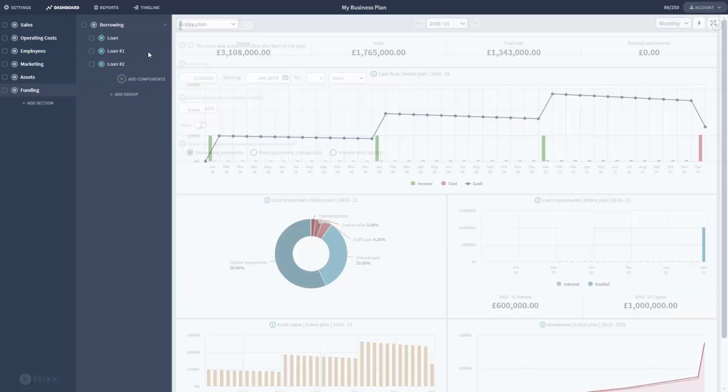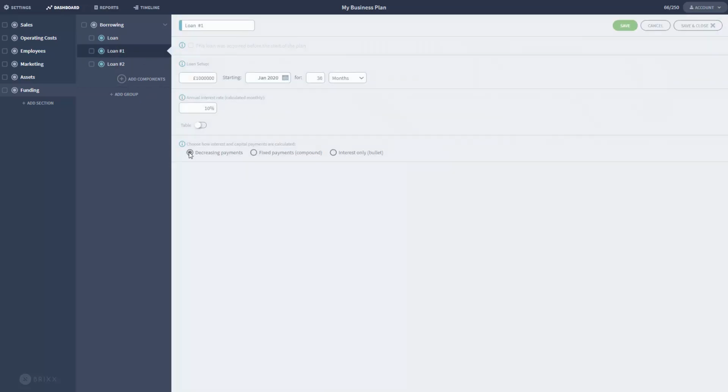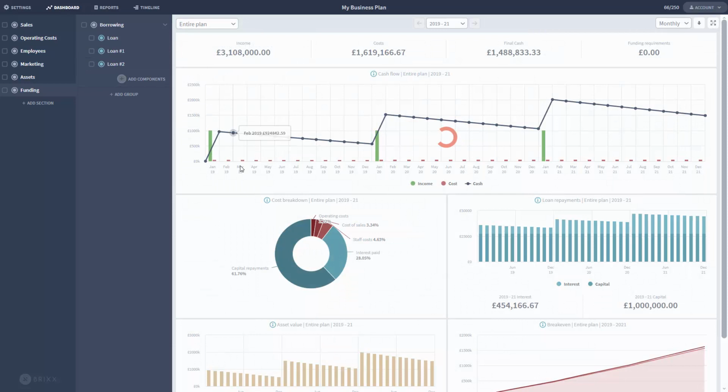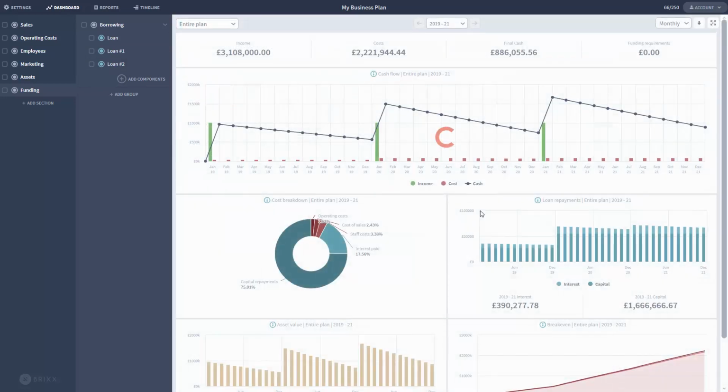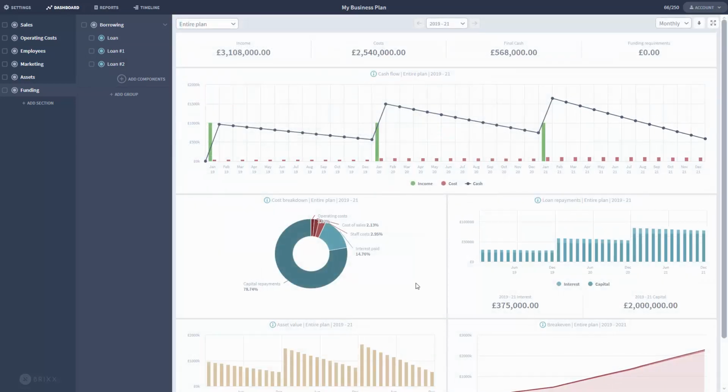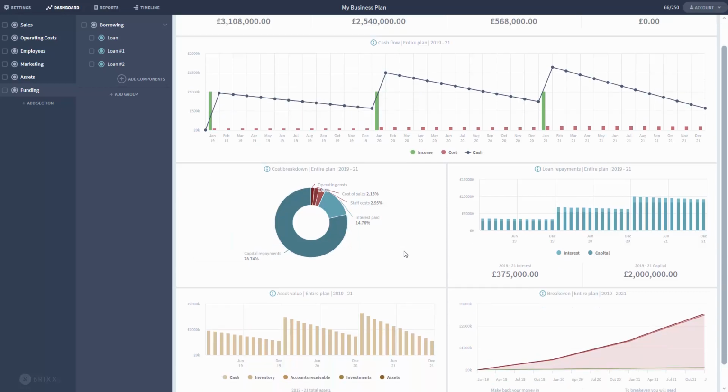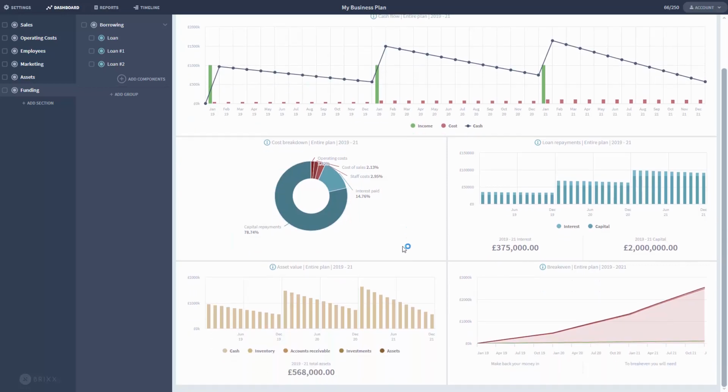Let me just change that to something that will be more visually interesting on our chart. See, now we've got an interesting situation where we've got loans starting and ending each year of the plan, and you can see how this loan repayment chart can become more interesting if that's an important part of your business forecasts. So that's the loan repayments chart.